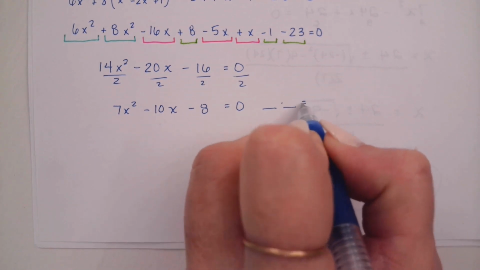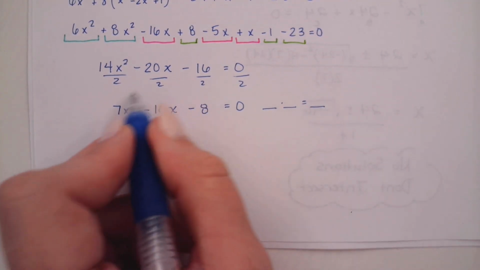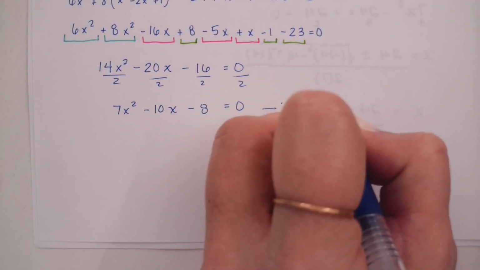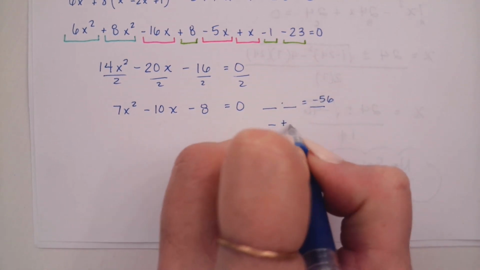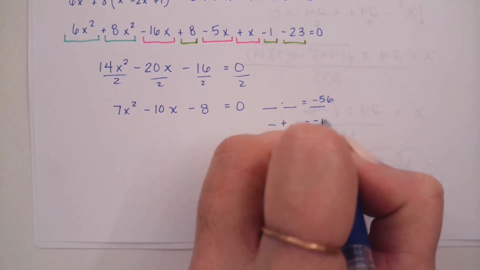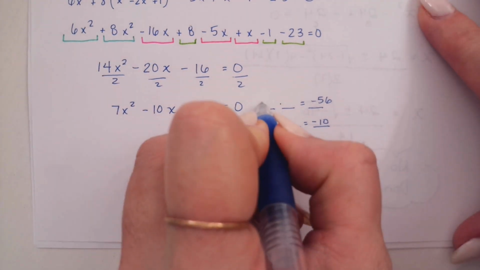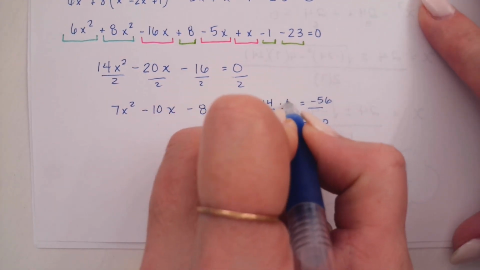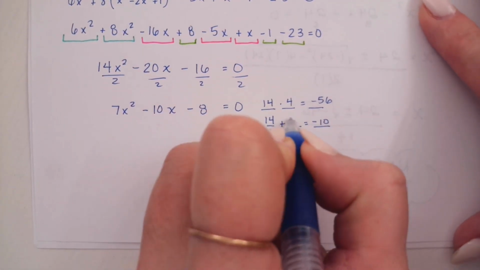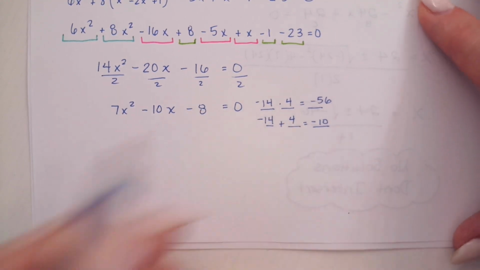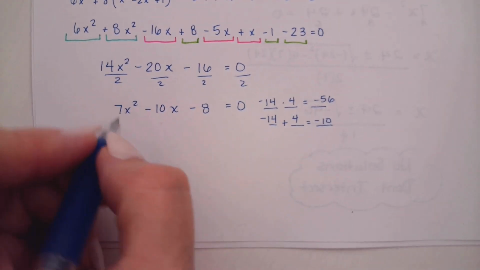Two numbers that multiply to 7 times 8, which would be -56, but they got to add to -10. I do believe it's 14 and 4, yeah. Which one has to be negative, though, to add to -10? The 14, right. So we're going to split our middle term.